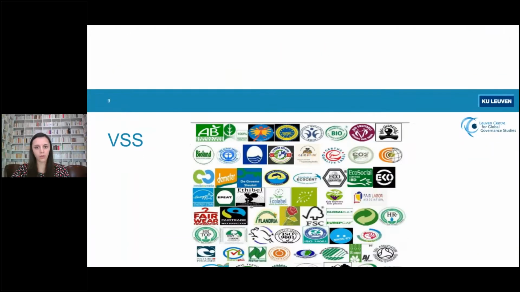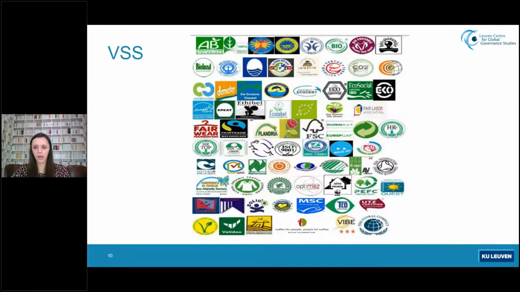So on the slide now, you can see different examples of VSS. And I'm sure that when you go shopping, you've already encountered some of those labels, but often consumers don't really know what's behind these labels, what they mean, how they work, etc. So that's what we are going to find out in today's lecture.